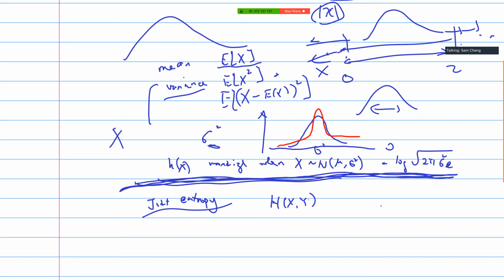Of course, you can also think of this as a joint variable, a bigger label, for example x, y. If x can take values 0 and 1, and y also takes values 0 and 1, then x and y together can be a bigger label with values 0,0, 0,1, 1,0, and 1,1, and so on.